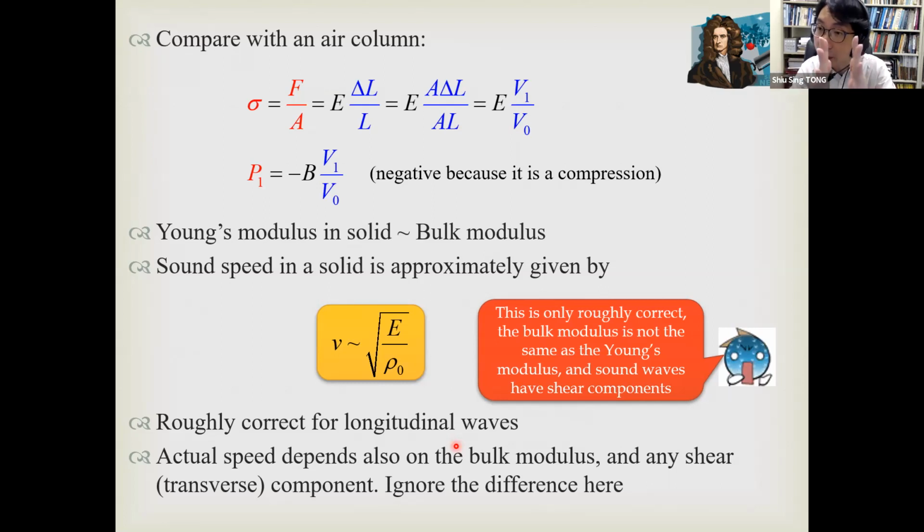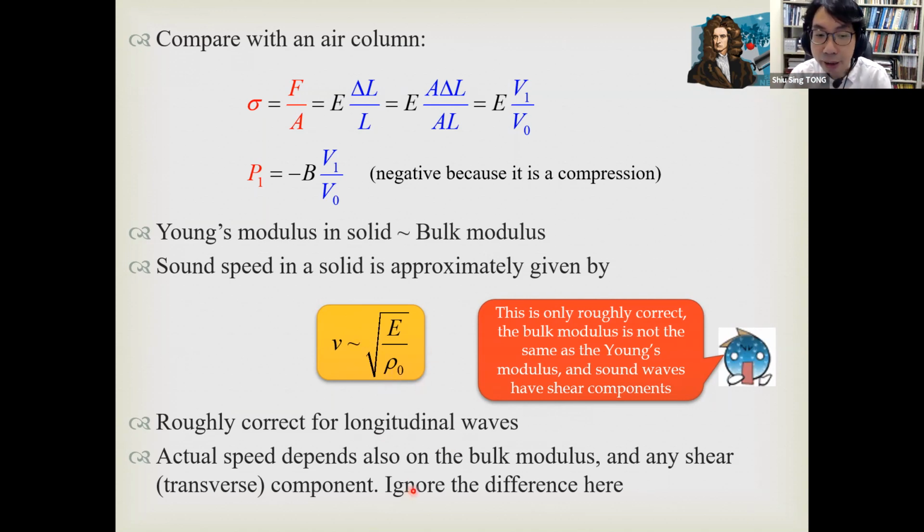The first kind is a longitudinal sound wave, just like in an air column. When we vibrate, the air column gets compressed and rarefied, and that is a longitudinal wave that propagates forward. So this formula actually corresponds to a longitudinal wave.